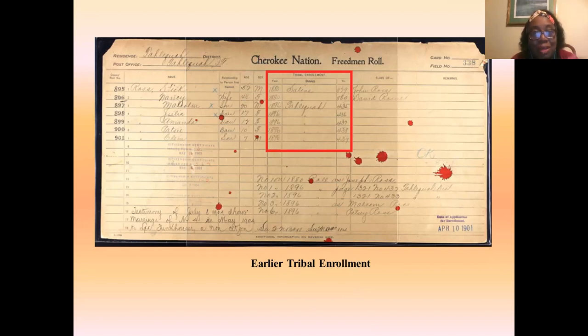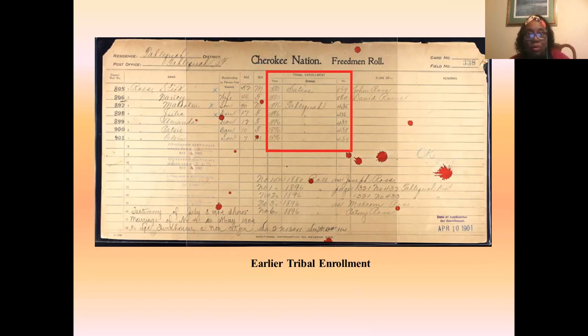Notice the year. They were, in other words, on a town roll, Saline, in 1880, but by 1896, they were in Tahlequah because their names had been placed on a list of citizens in the Tahlequah district. So there is an 1896 roll that people aren't aware of. 1880 is particularly well known.